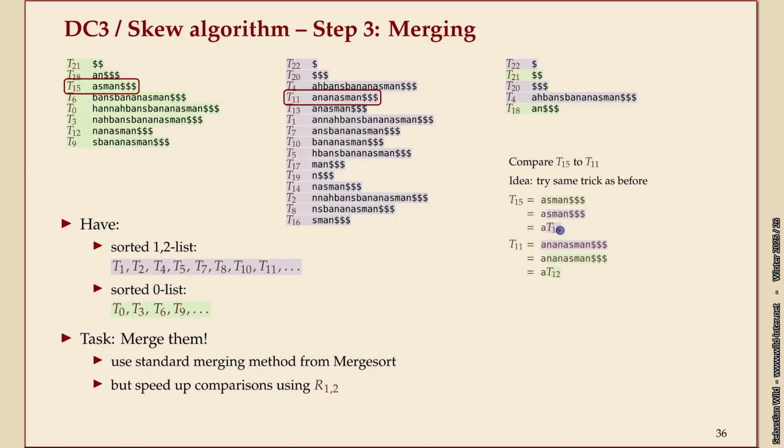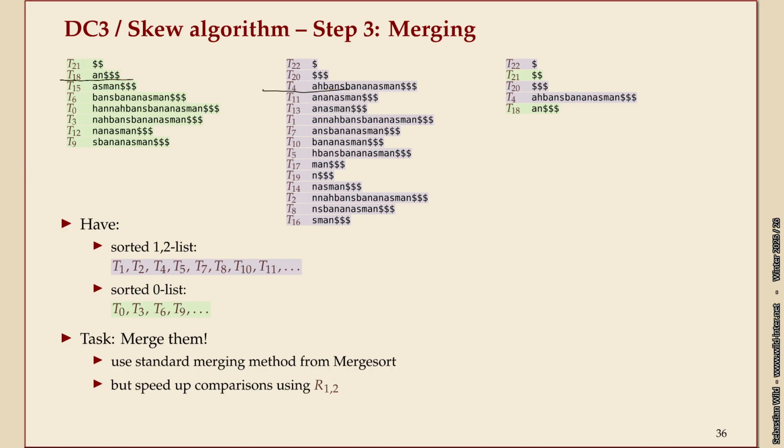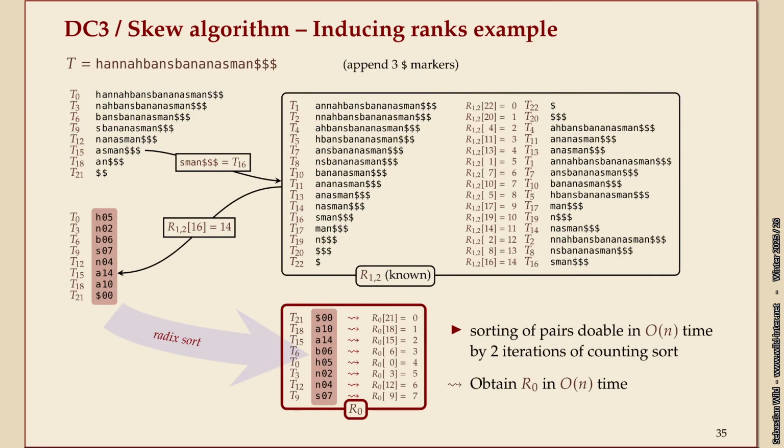So we can't directly compare their ranks, because, I guess this is maybe a subtlety I didn't point out, the ranks here in R12 and in R0 are local relative to this collection of the data. They go from 0 to 14 here and from 0 to 7 here.